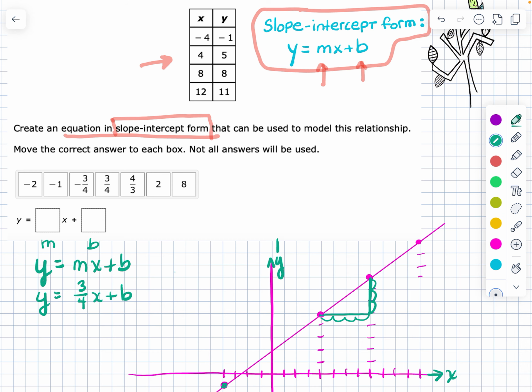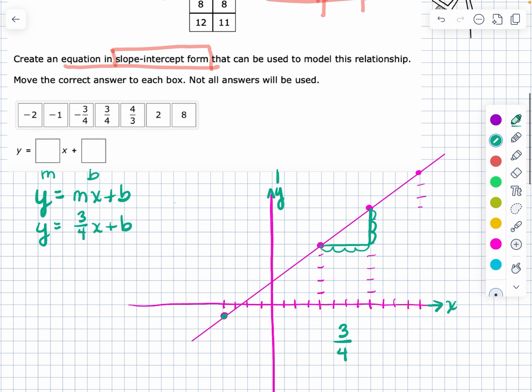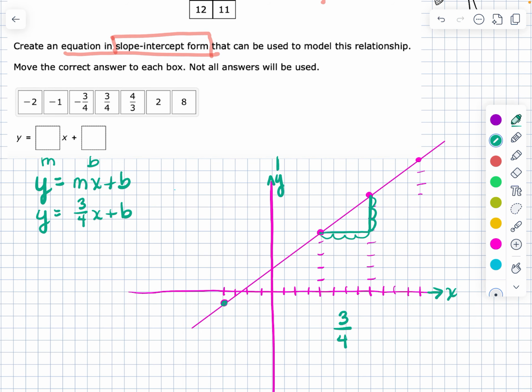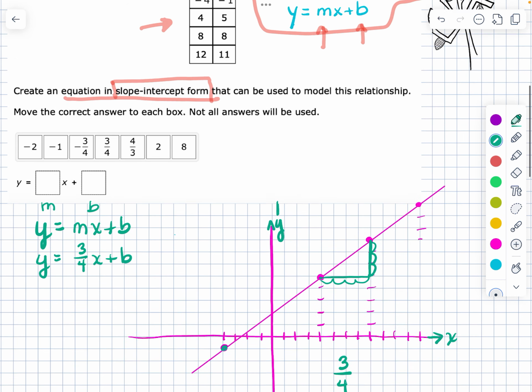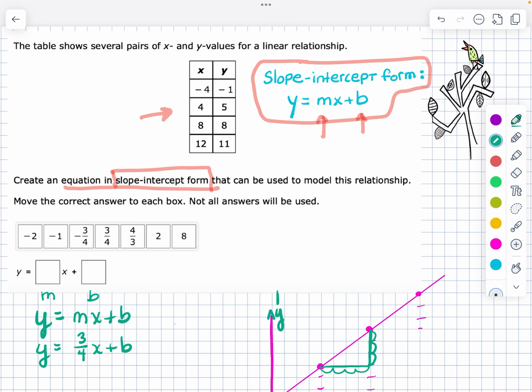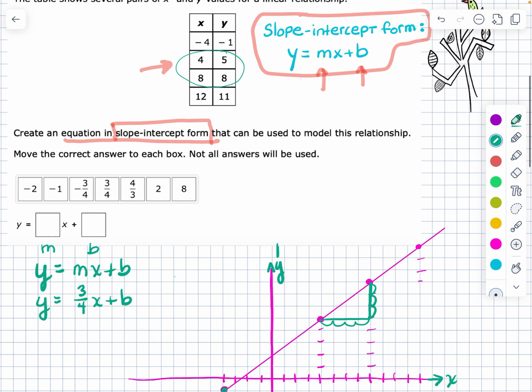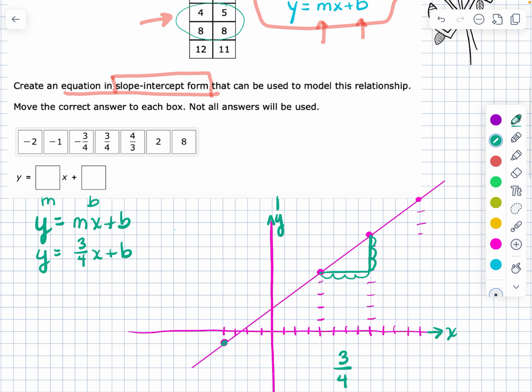Now, another way that I could have found the slope is I could have taken two points, like these two points here that I chose to see it graphically. I could actually subtract: y2 minus y1 over x2 minus x1, and that would be 8 minus 5.